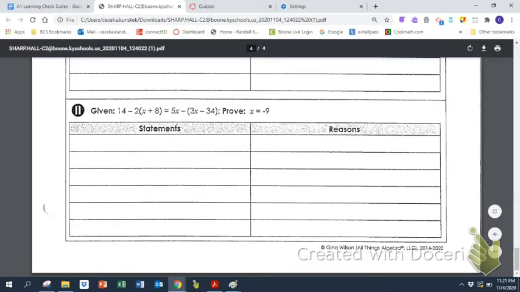Okay. The last one that we're going to do today is number 11. And we're going to start out by rewriting it. So we're going to have 14 minus 2 times x plus 8 is equal to 5x minus 3x minus 34. And that is our given.